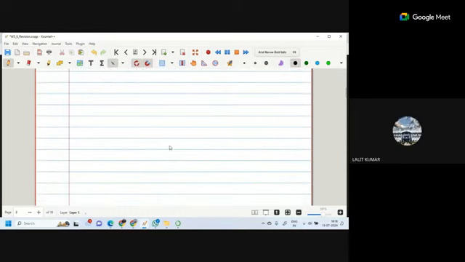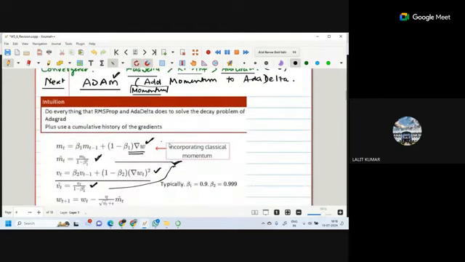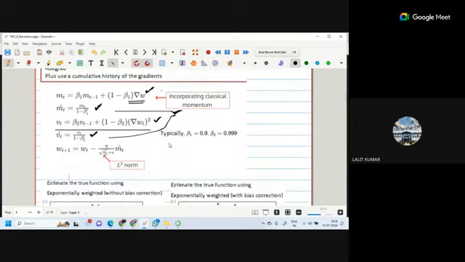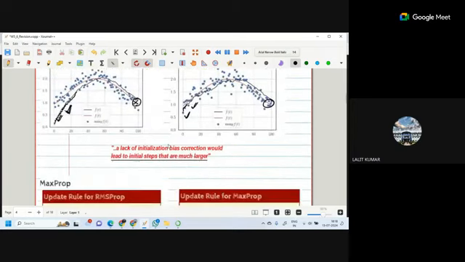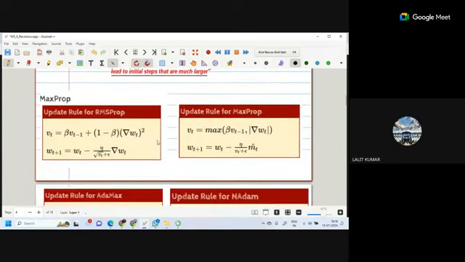From Adam, we asked why not combine NAG also. So when we took Nesterov, we came to the concept of NADAM. Then the third concept: why are we taking the gradient square? Why not take the maximum of WT?